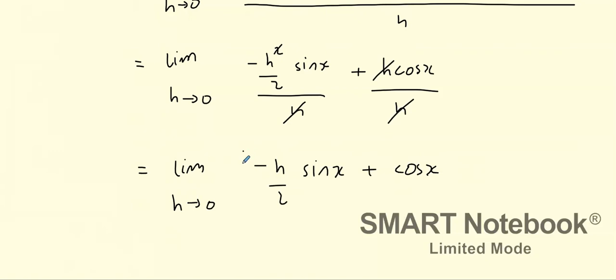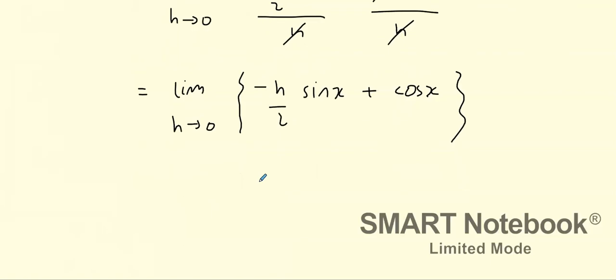So I need to take the limit of this bracket as h approaches 0. As h becomes 0, 0 times this thing is going to disappear. So this term disappears, and this term is not dependent on h. The only thing I'm left with is cos x, and that's my answer.